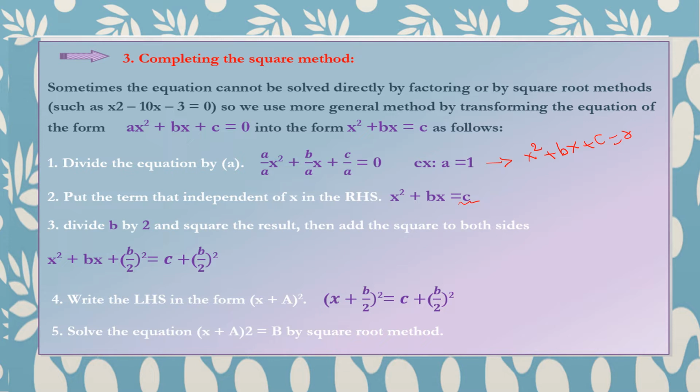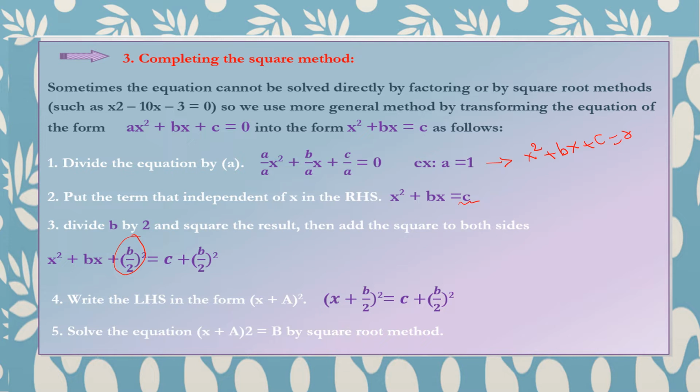Step number 3 is to divide b by 2 and square the result. Then add this square to both sides, the left-hand side and the right-hand side. As you can see here, we divide b over 2 and square the result, then we add this square to the right-hand side and the left-hand side.